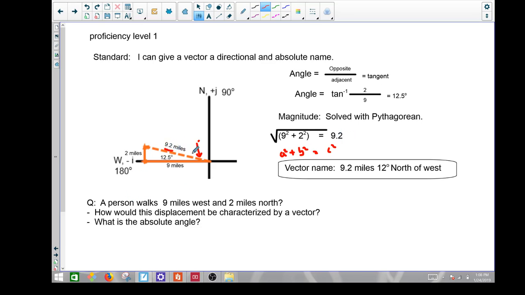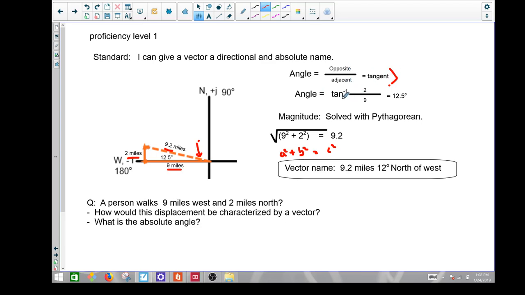And then I'm going to use my tangent function to get the angle. Now, once I have all three sides, I can use the sine, cosine, or tangent. You do not have to use the tangent. I'm using the opposite line and the adjacent line or vectors to get this angle. So tangent is equal to the opposite over the adjacent.